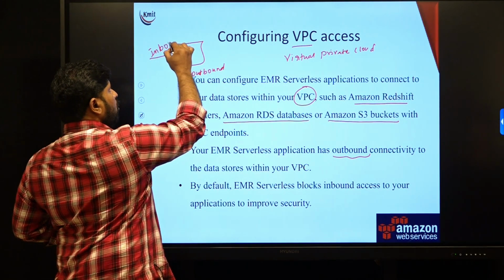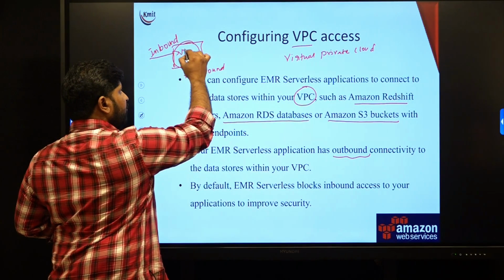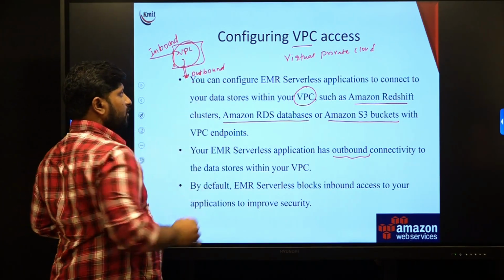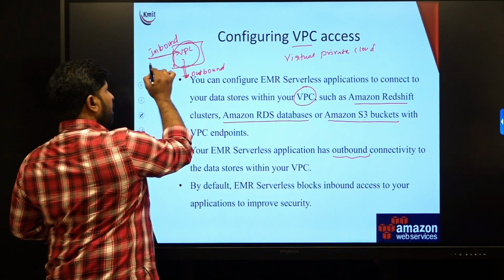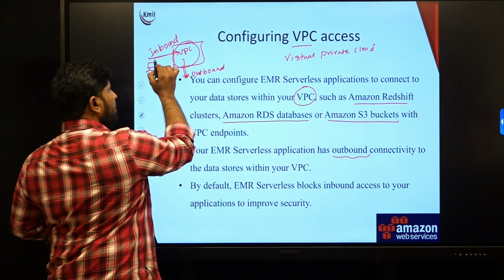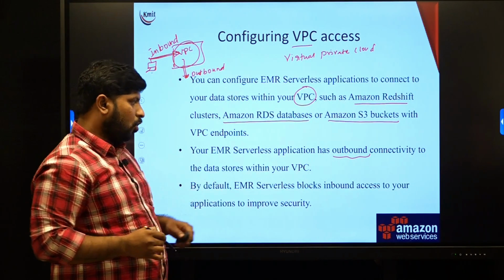When you are going with outbound and inbound rule, it means that from within the VPC, if you are connecting to the outside world, that is said to be outbound. When you are connecting from an outside PC into the VPC network, then you require inbound rules.